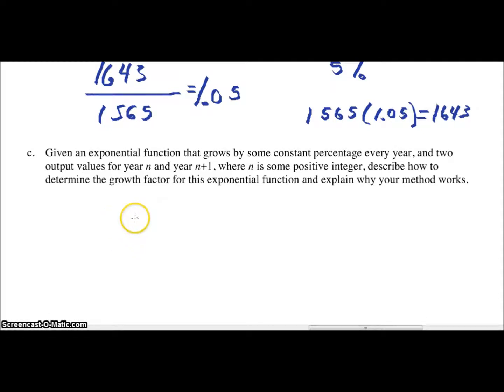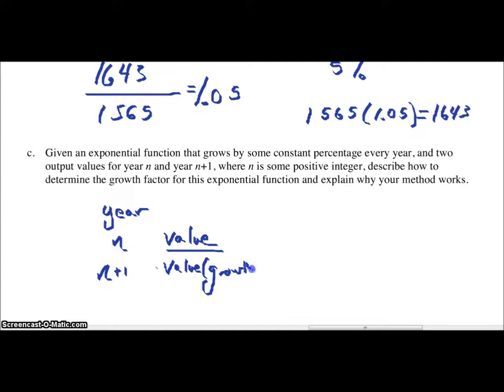The reason being is if you know in, say, year n, you have some value, and then in year n plus 1, your value will just be the value of the previous year multiplied by the growth factor.